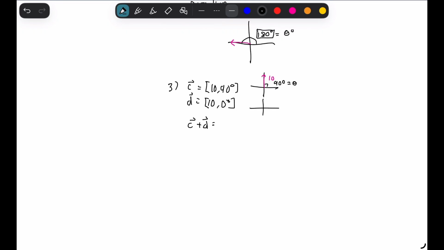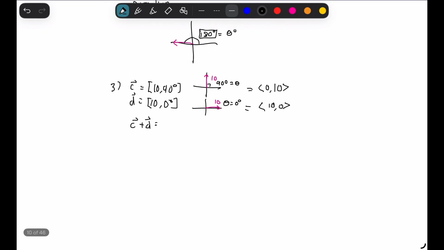And here, we're going to have in 0 degrees 10 as well. So theta is equal to 0. So as components, this is 0, 10, because we have no x movement, and this is 10, 0.